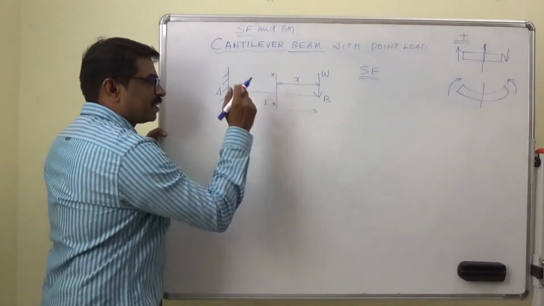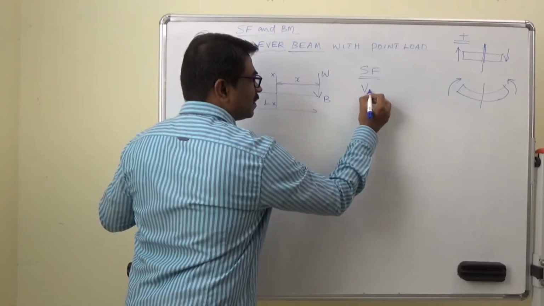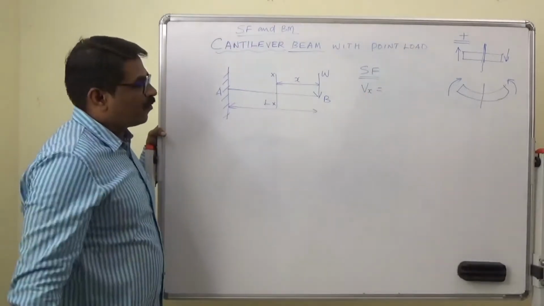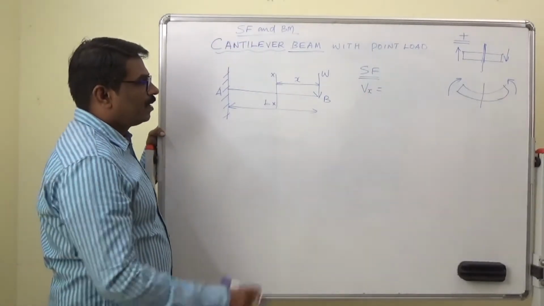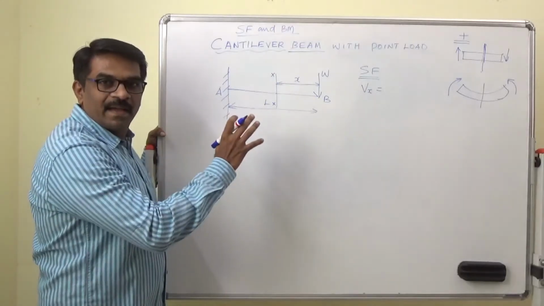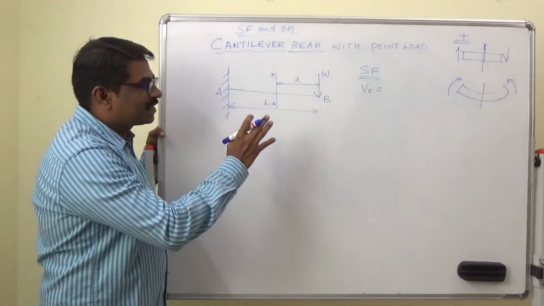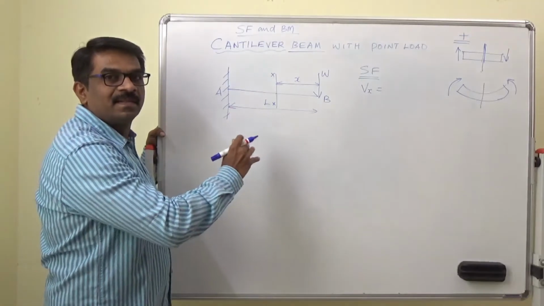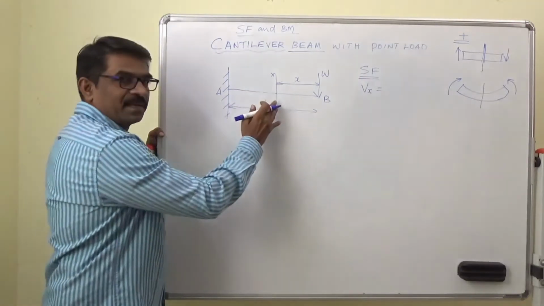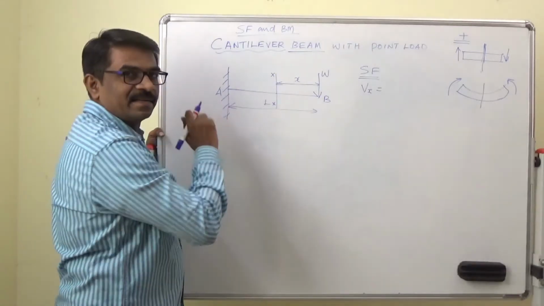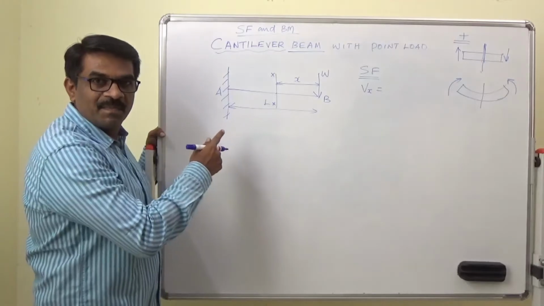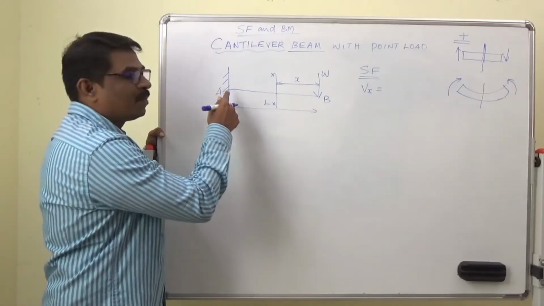So at this section X, Vx, V is the shear force. Now follow the definition: sum all the forces that are acting on the right hand side of the section. You can also use the left hand side. On the left hand side, what forces are available for this beam? The reaction forces and the moment.